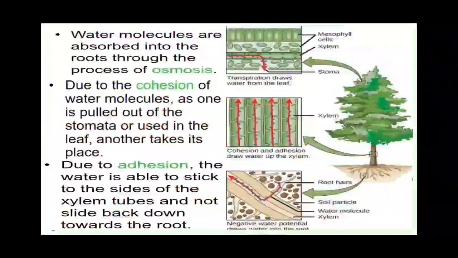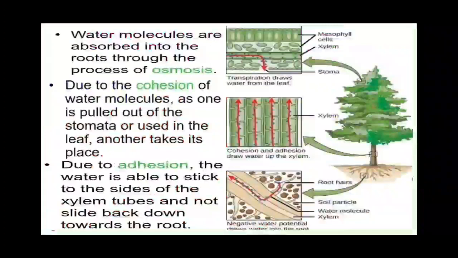Now, water molecules are absorbed into the roots through the process of osmosis, and due to the cohesion of water molecules, as one is pulled out of the stomata or used in the leaf, another takes its place. That is, the water column does not break due to the cohesion force among the water molecules, and then the adhesion force between the water molecules and the wall of the xylem vessels.